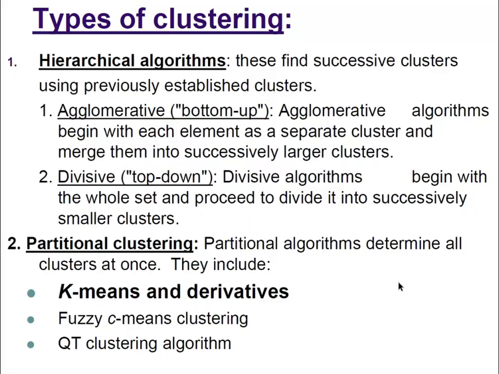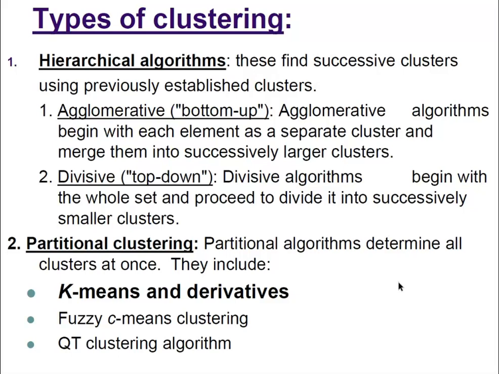The second family is partitional clustering. These algorithms determine all clusters at once in a single pass. K-means is the most famous example of this family.